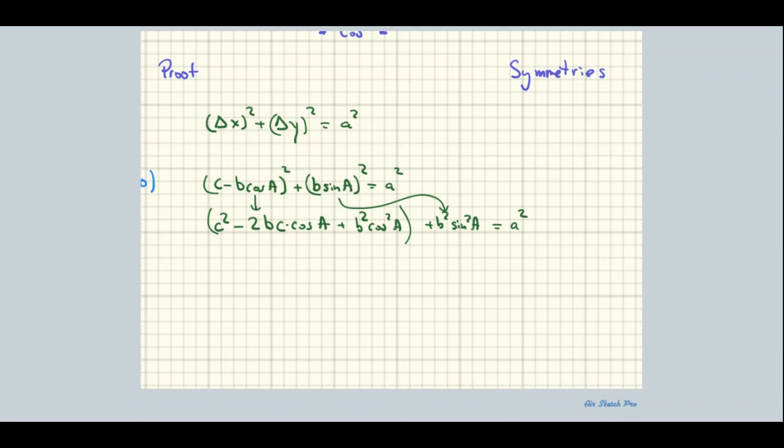Okay. And so let's resolve these things with the parentheses. I'm seeing c squared minus 2bc cosine A plus b squared times cosine squared plus sine squared.